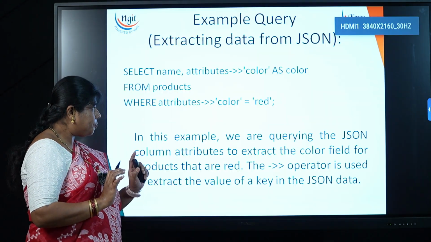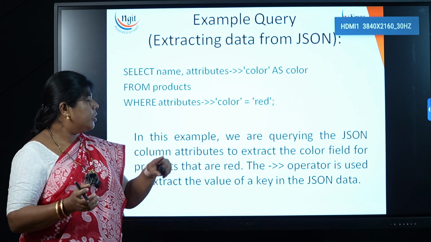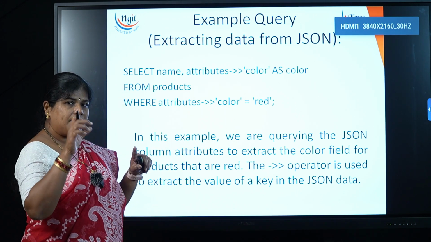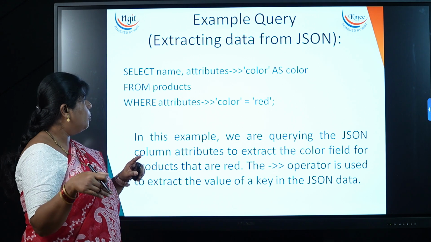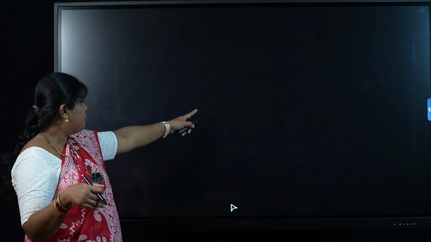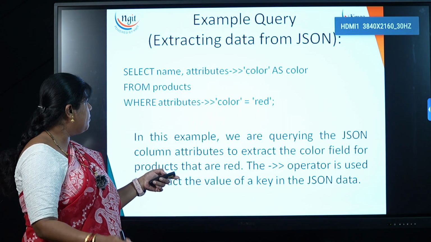Now listen, in JSON data I have the key and value pair. What will be the key? Color. What will be the value? Whatever the color is, that will become the value. So that is what I want to retrieve, and which color do I want? Red. That is what I will specify in the where clause.